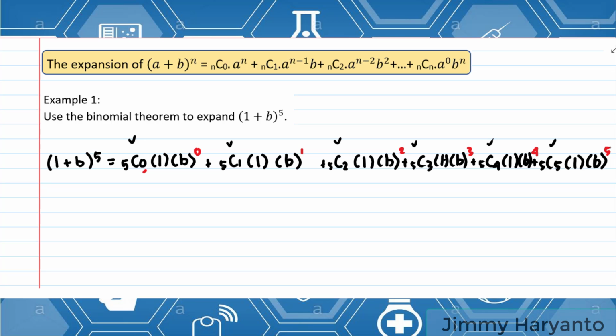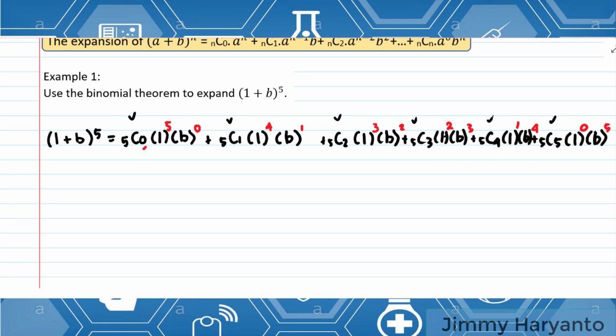For the 1, the powers are decreasing. So we start from 5, 4, 3, 2, 1, and 0.